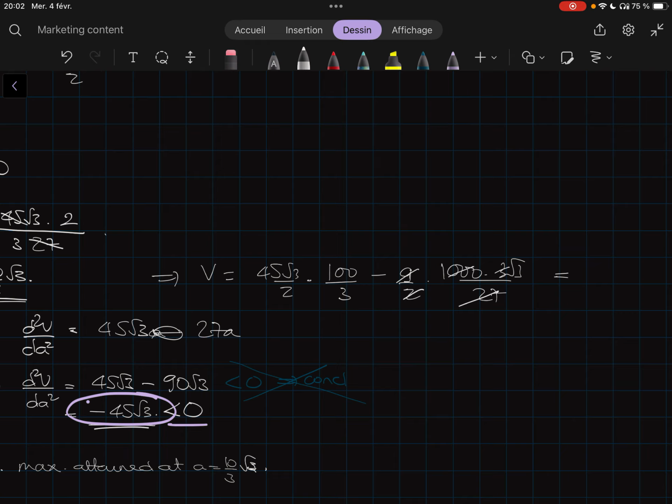That's gone. That's gone. That's gone. So we will get 250 root 3 cubic centimeter.